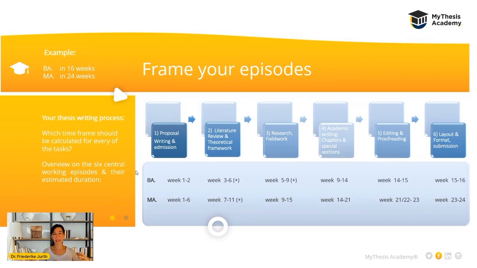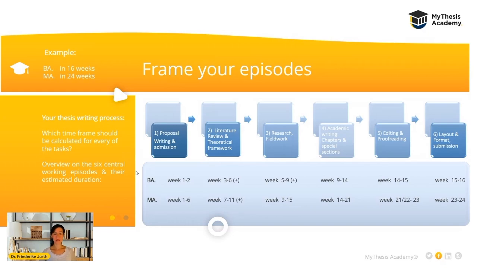But you can do it in a kind of overlapping. So you can continue to read, but you should also start to set up your practical research as early as you can.